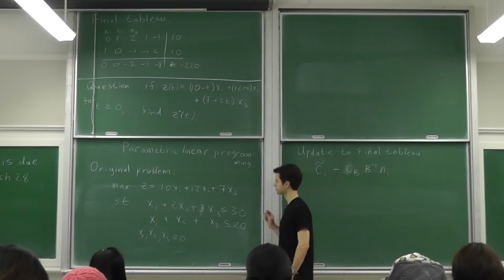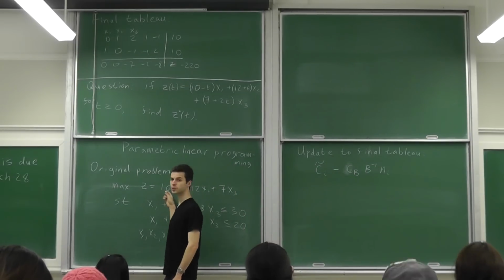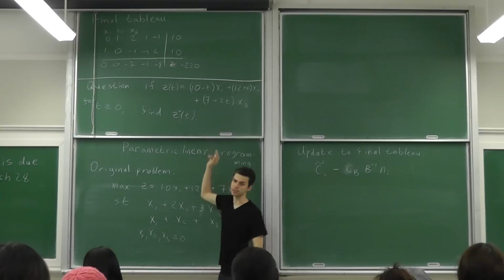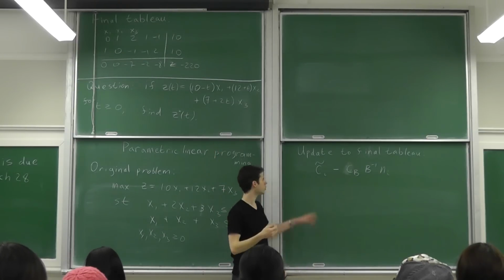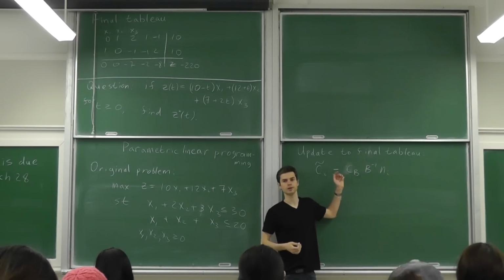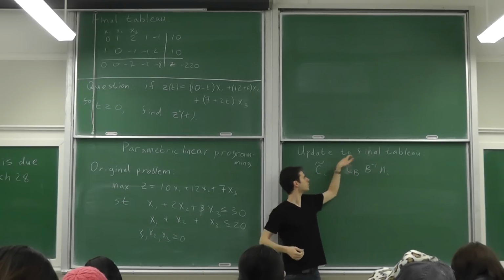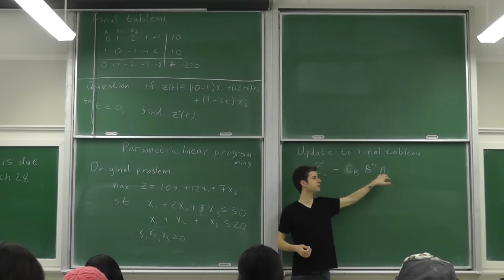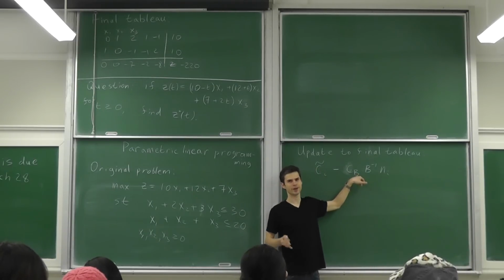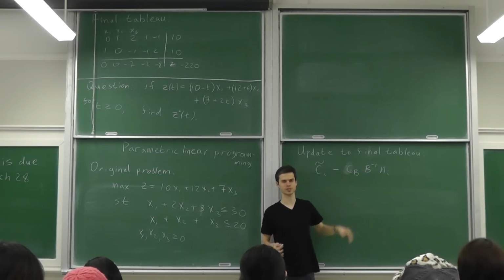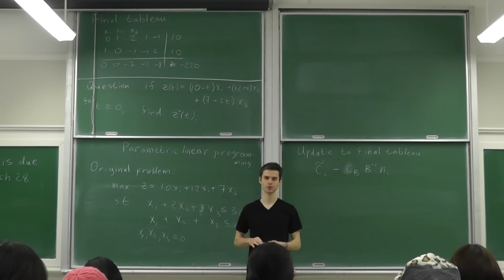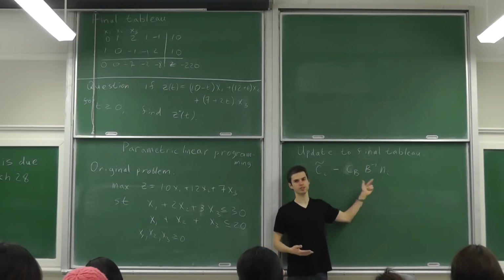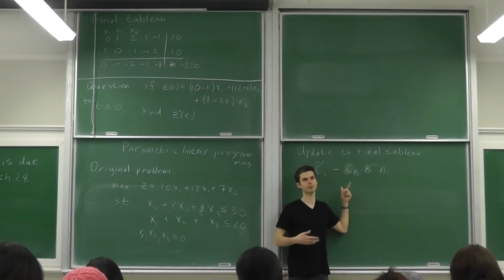So let's see. Our coefficient, let's say the first one, used to be 10. Now it got updated to 10 minus t. How will this change flow inside of this formula? Well, this number will stay unchanged. I'm not changing the inverse, I'm not changing N. So we are sort of changing c_B, but we discussed this strategy that we'll first update as if all the changes were for non-basic variables.